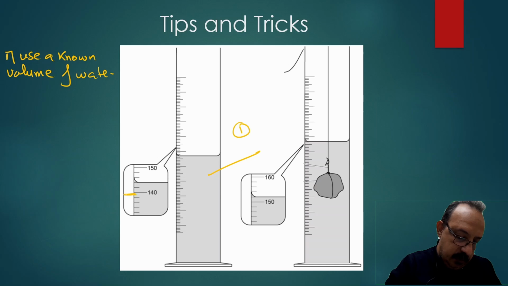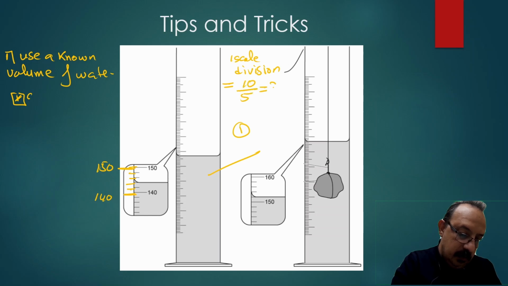It's 140. We have 150. It's 140, 150. How many scale divisions between them? 1, 2, 3, 4, 5. So each small scale division equals 10 divided by 5, which is equal to 2 centimeter cube.